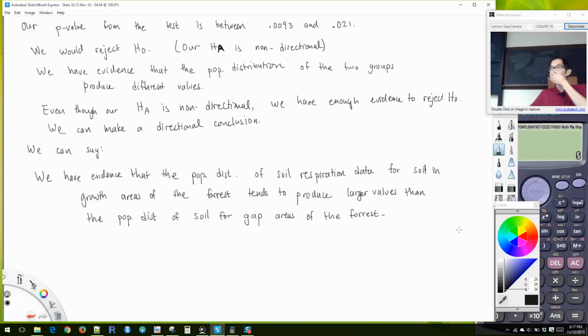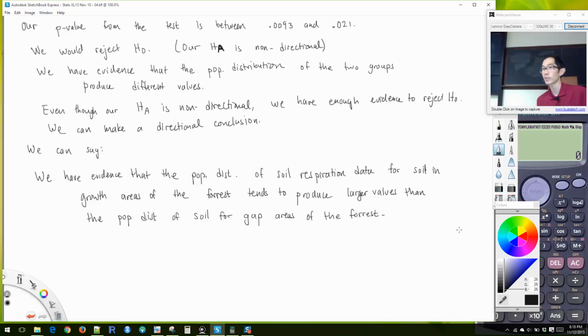Okay. Yeah. So, all this to say that areas where there's growth in the forest give off more carbon dioxide than areas that don't.